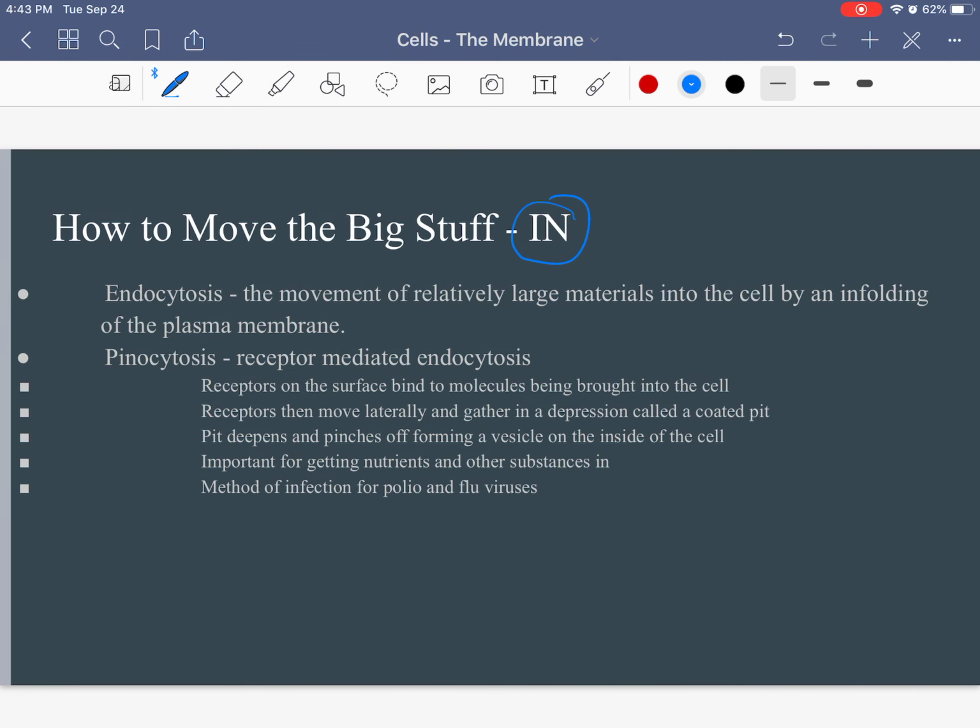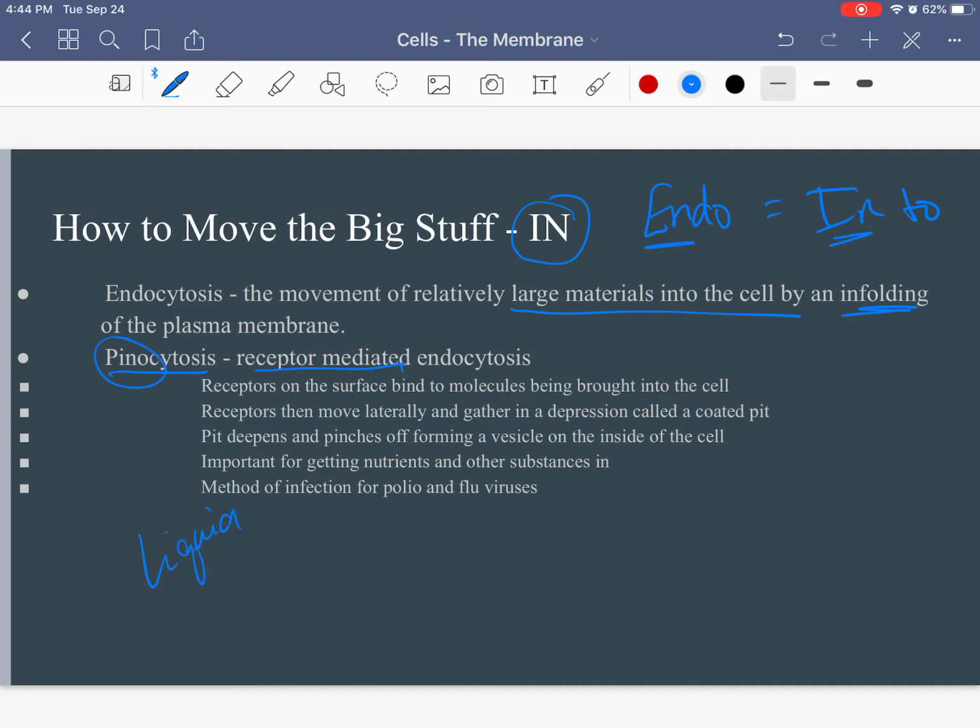So endocytosis: if exo is exit, endo is into the cell. Endocytosis is the movement of materials into the cell by infolding. Instead of opening a vesicle, we're going to create a vesicle out of the cell membrane. There are different types. Pinocytosis is a type of endocytosis, and we're looking at liquids with pinocytosis.